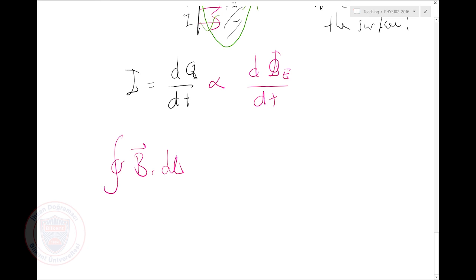B dot dl is mu0 times I in. So he wanted to see what's the proportionality constant between this rate of change of electric flux and B, and he saw that this is mu0 epsilon0 times d phi_E/dt.